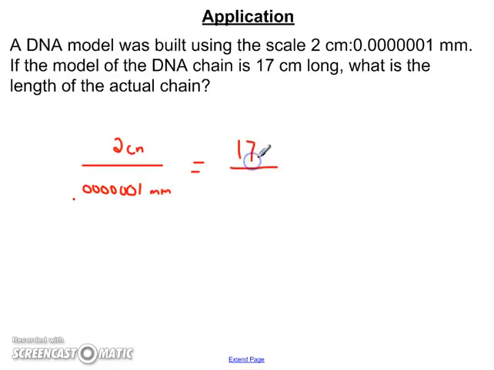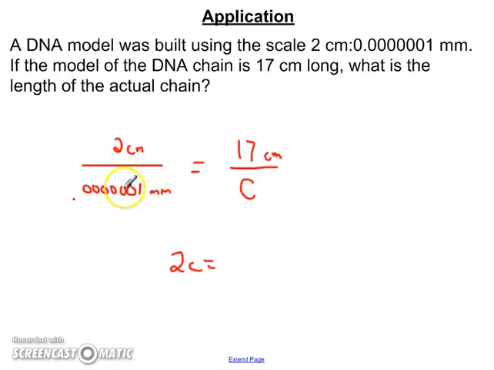So in this case, the model is bigger. And we want to know what is the length of the actual chain. I will use C for chain, just because. Okay? So let's go ahead and multiply 2 times c. That's 2c, right? And then 17 times, we said, well, that was 10 millionths, right? Tenths, hundredths, thousandths, ten-thousandths, hundred-thousandths, millionths, ten-millionths.